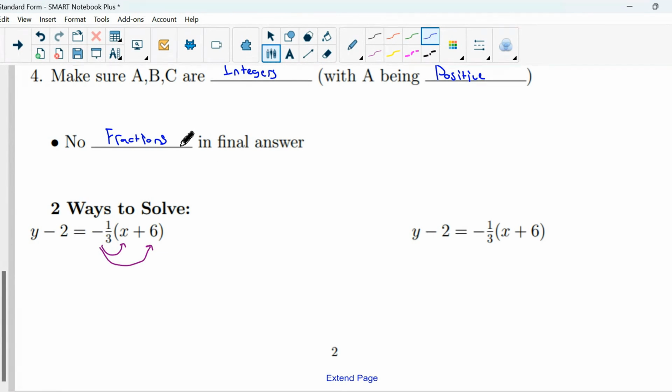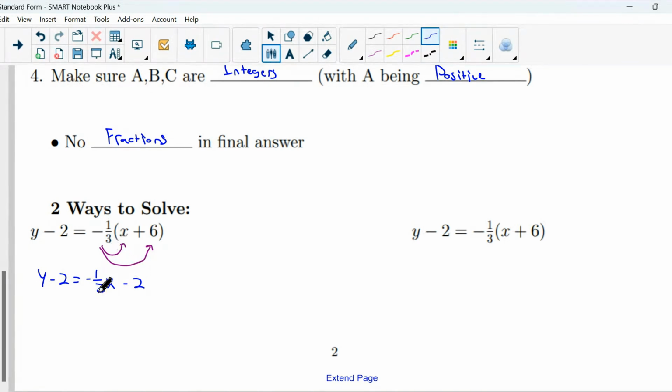So if we were to do that, that would give me y minus 2 equals negative 1/3 times x, which is just negative 1/3 x, plus negative 1/3 times 6, that gives me 6 over 3, which is just a negative 2.